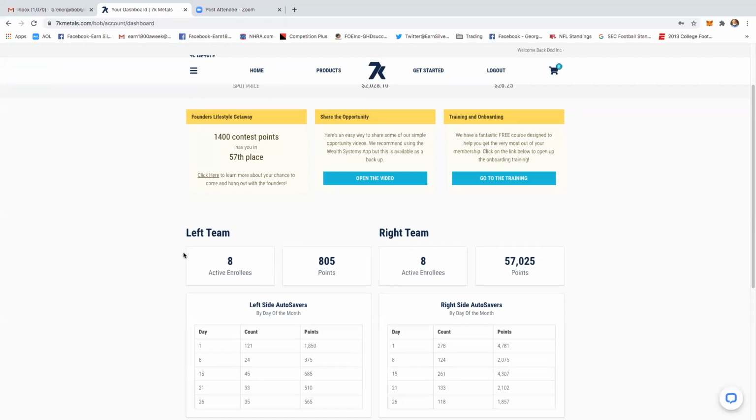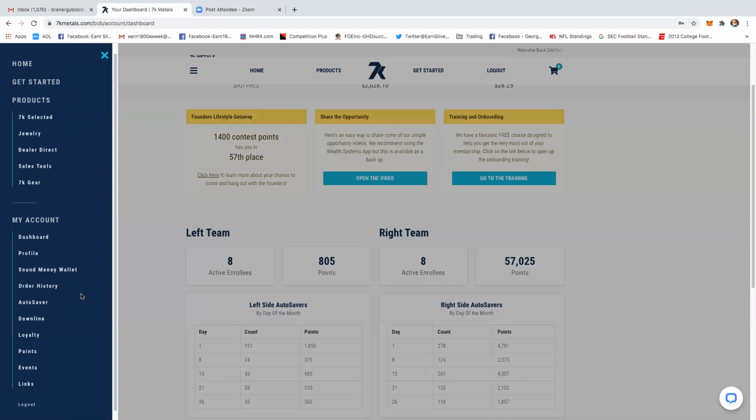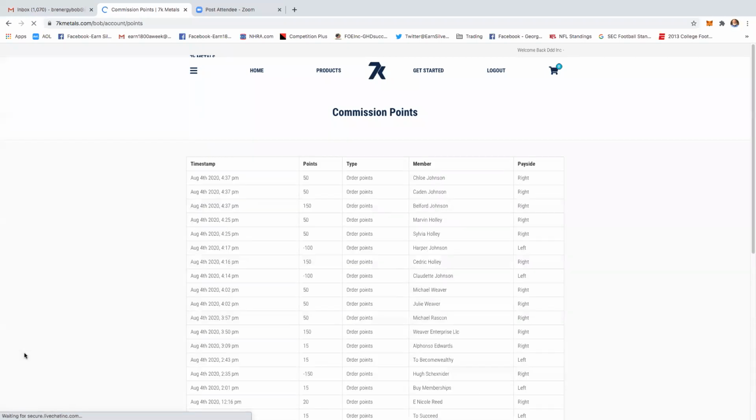One of the things we're going to do is go to points first, because earlier in the day, and I made a note of it, you see points go up, you see points go down. Part of this is we just had the first of the month, and that's one of the subjects I'm going to be talking about.